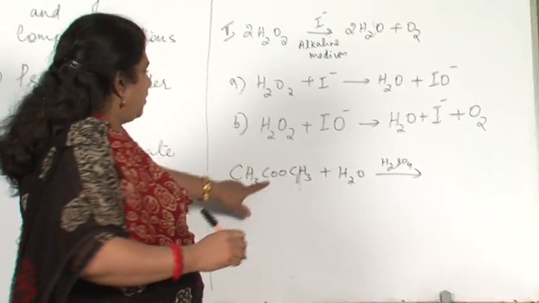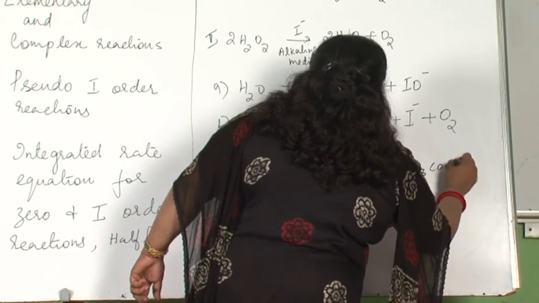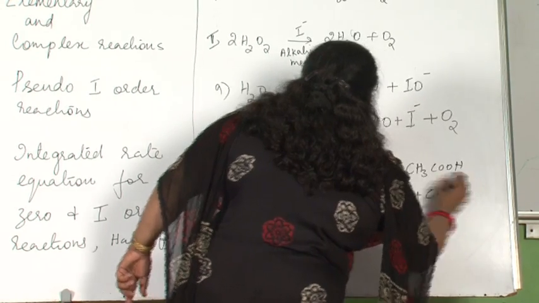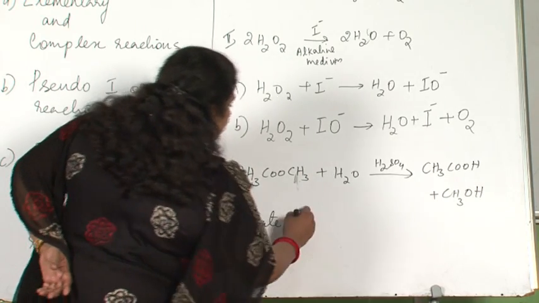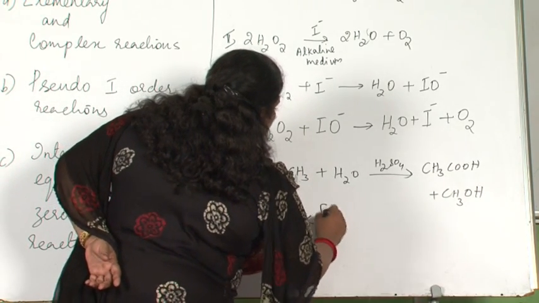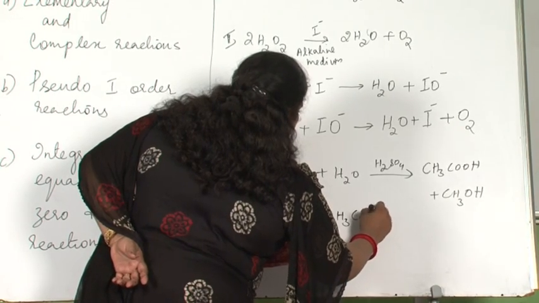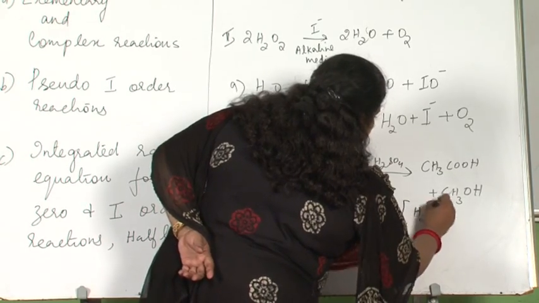In this reaction, you will get acid and alcohol, as you know, CH3COOH and CH3OH. If I write the rate, it is equal to k into the concentration of CH3COOCH3 into the concentration of H2O. This is naturally the rate expression.